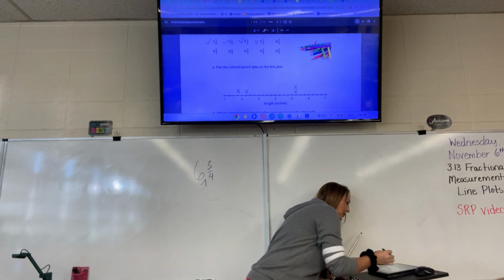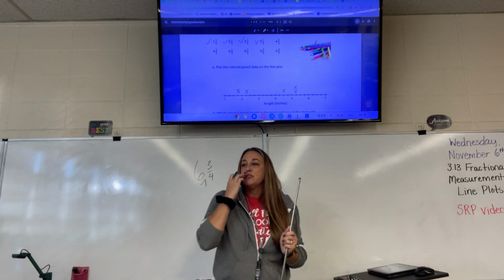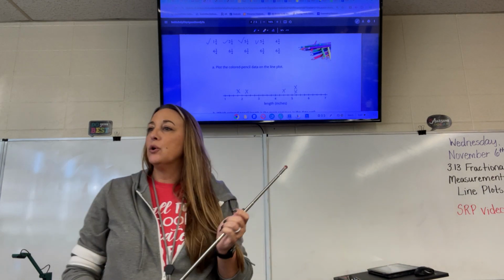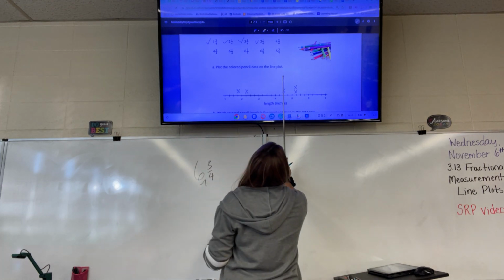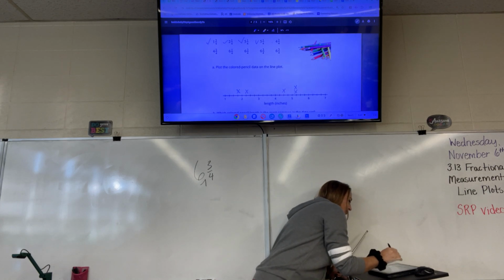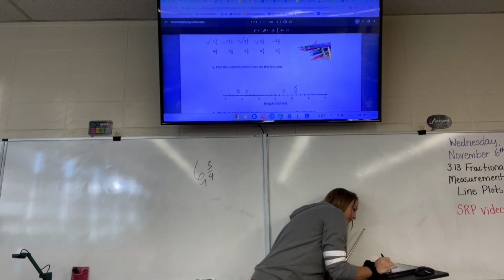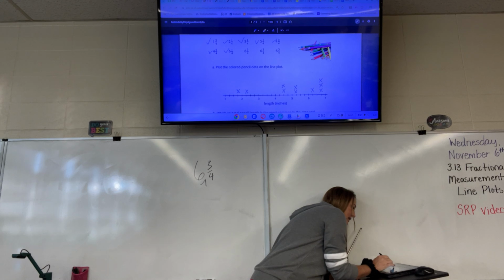Then we do 4 wholes and 2/4, which is equivalent to 4 1/2, right? 4 2/4 is the same as 4 1/2, so it's right in the middle between 4 and 5. Then we have 4 2/4 again. 6 1/4. 6 3/4. 6 3/4. 6 3/4.